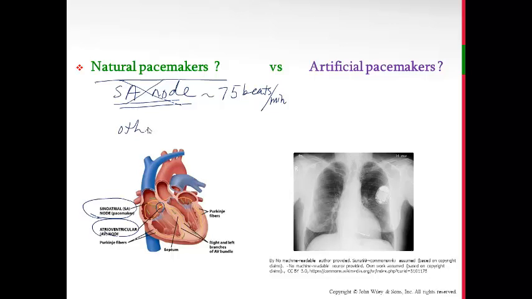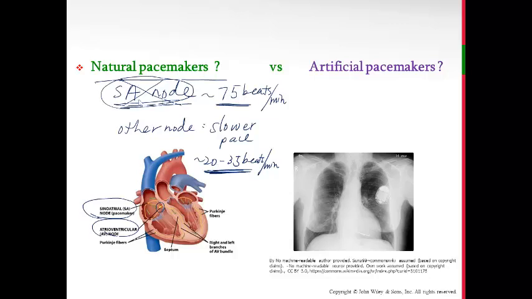So the other nodal systems are working at a much slower pace, usually about 20 to 35 beats per minute. So this is a big difference between 75 beats and 20 to 35 beats. So your SA node is so crucial, very important to make sure your heart is pumping all the oxygen and all the goodies through the blood to get to all the parts of your body.